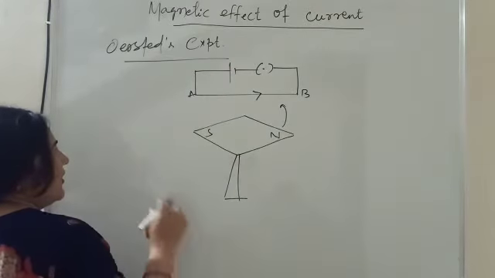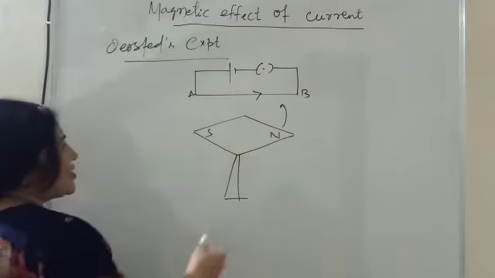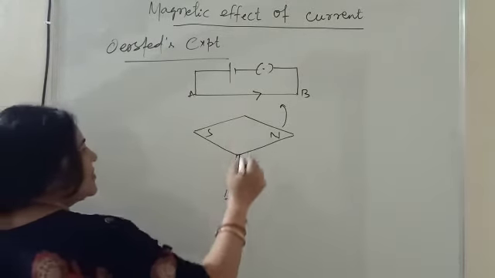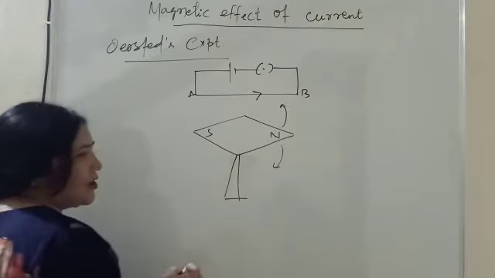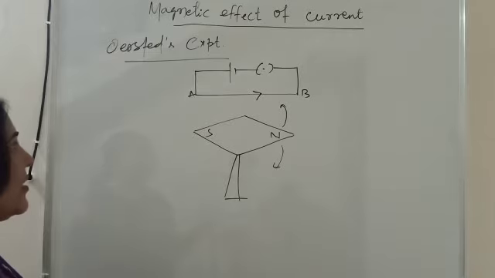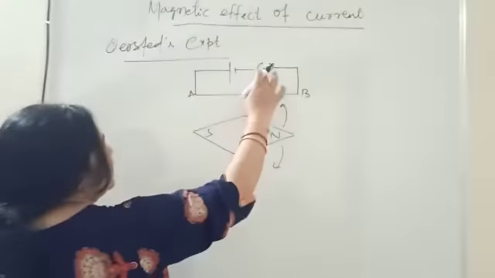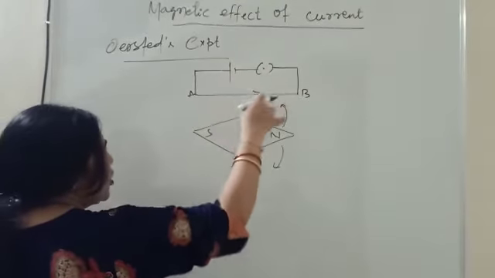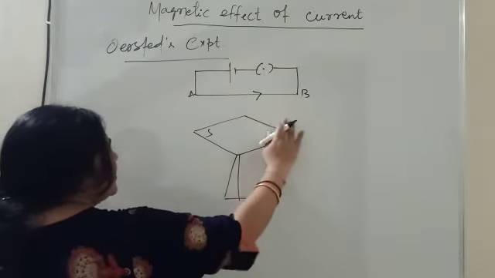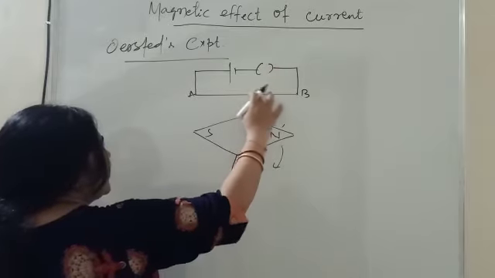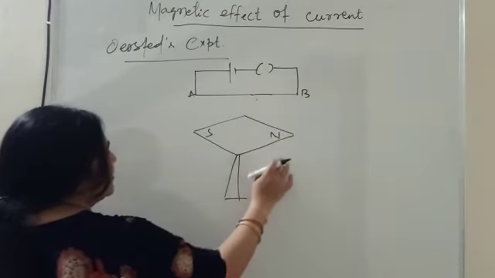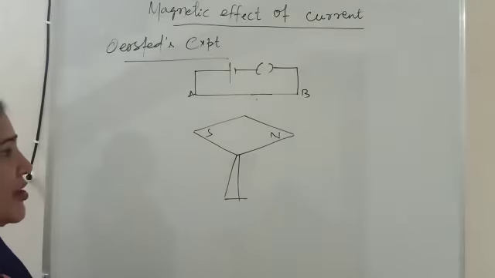When he changed the direction of the current, from north to south, he observed that the direction of deflection of the north pole also got altered, it became opposite. The third observation: when the switch is off, no current is flowing through the circuit, and the needle comes back to its original position. There is no deflection.